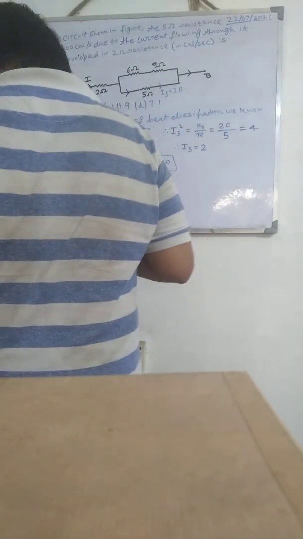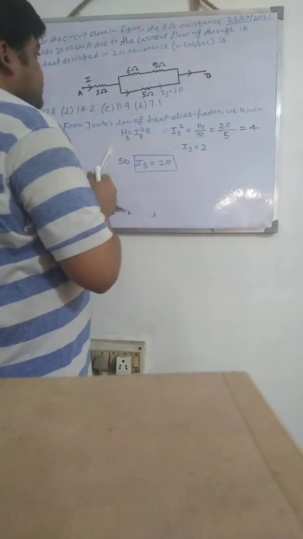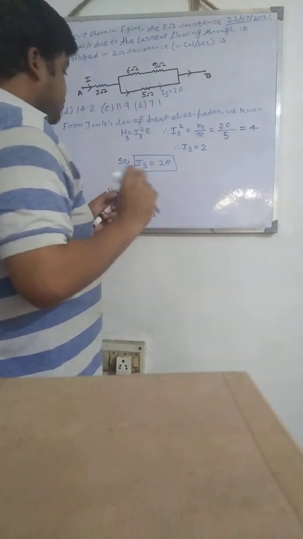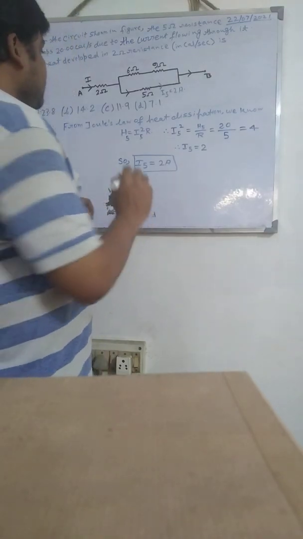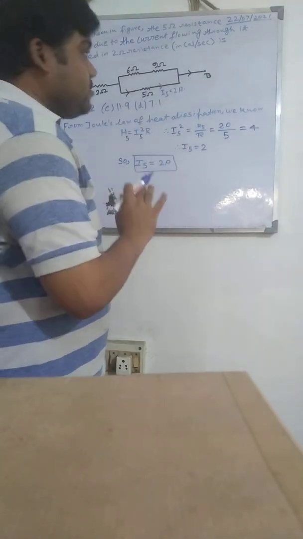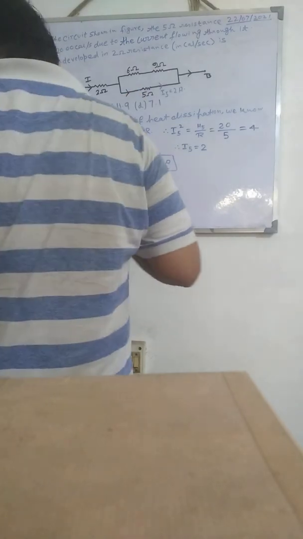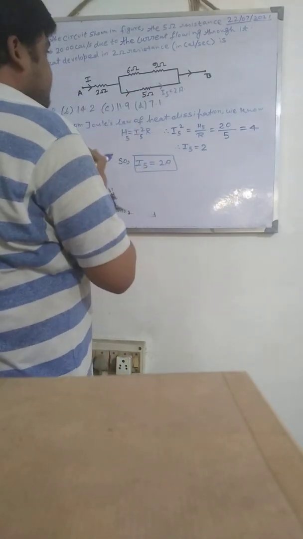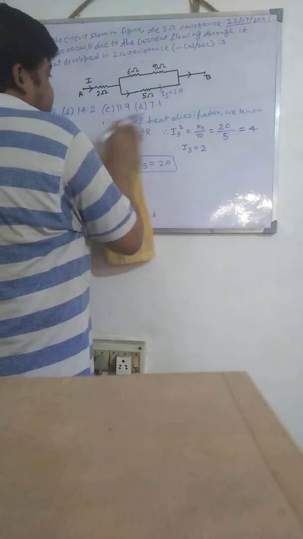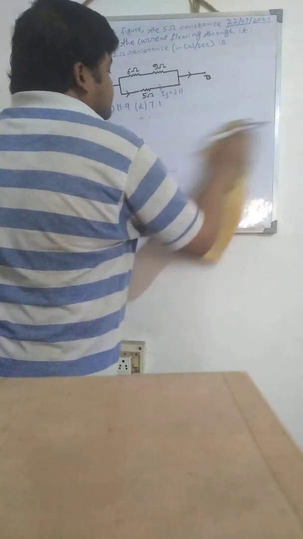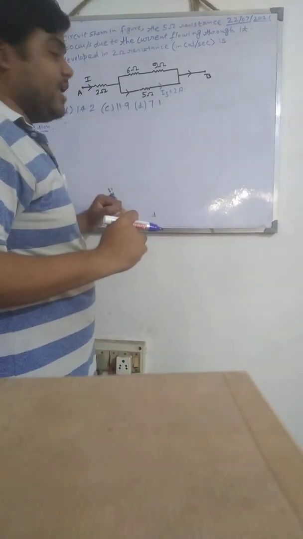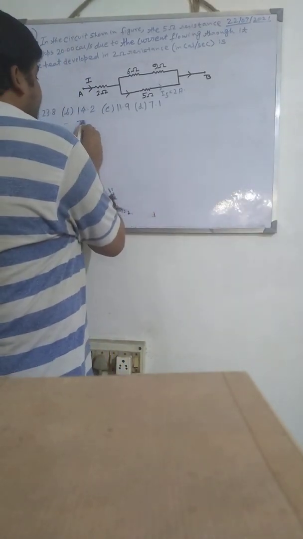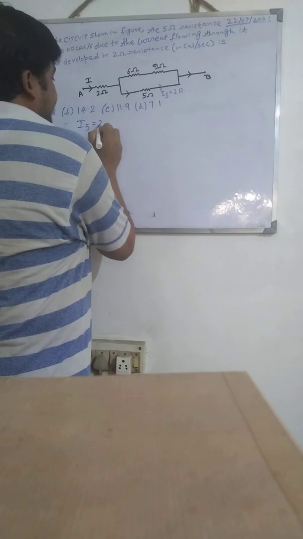Okay, now I am rubbing this portion. So what we have calculated just now, current through the 5 ohm resistor, and that is 2 ampere.